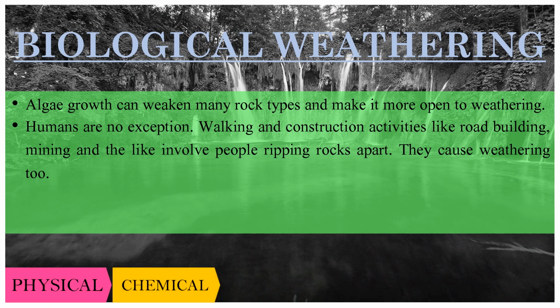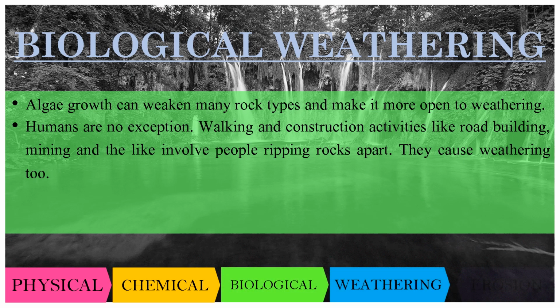Even algae growth is an example of biological weathering, because algae growth can weaken many rock types and make them more open to weathering. And you are no exception, because walking and construction activities that are made by humans, like road building, mining, and the like, involve people ripping rocks apart, and they all cause weathering.